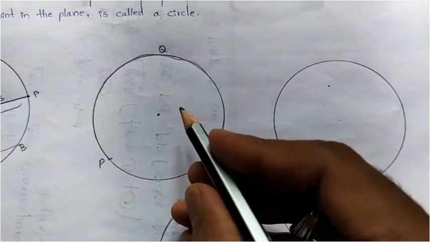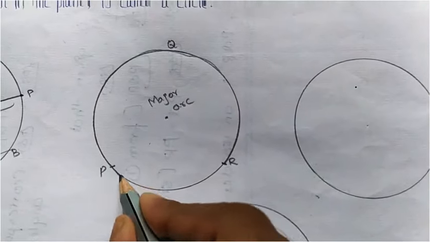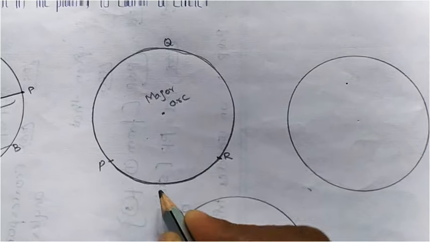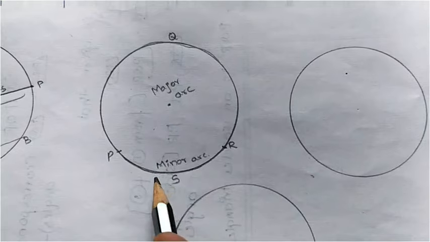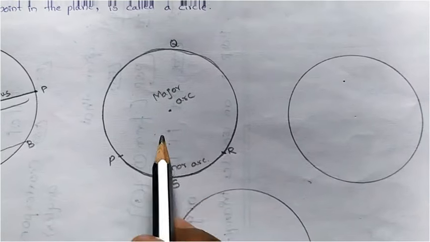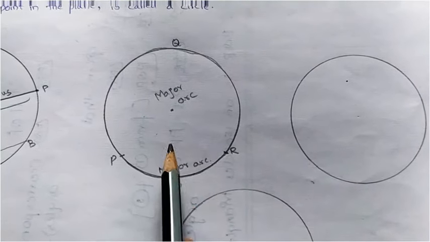This is the major arc. Major means bigger arc. If I take the small one, next I will take SPS R. This is the minor arc. So you got the difference between minor arc and major arc now.